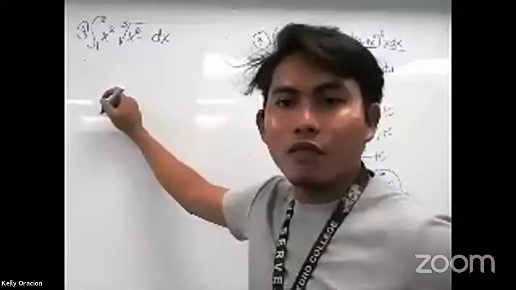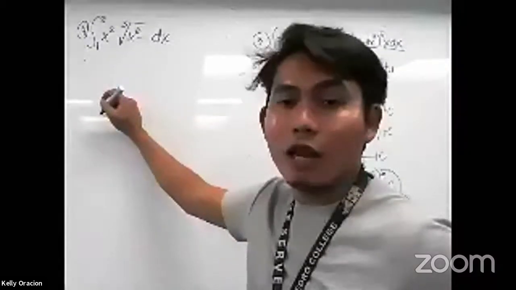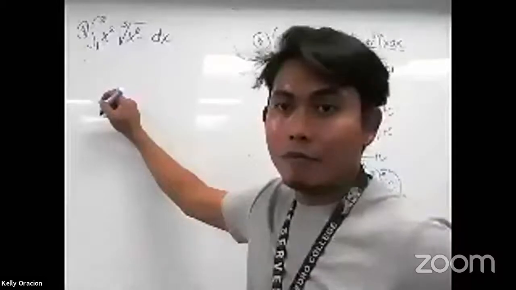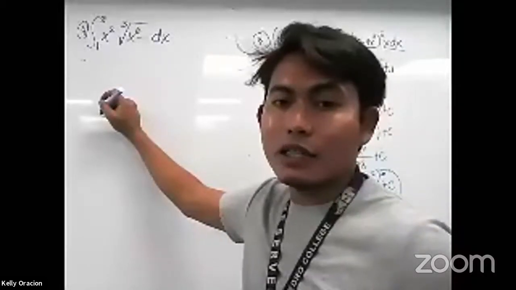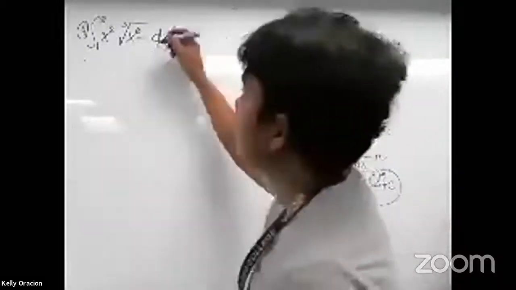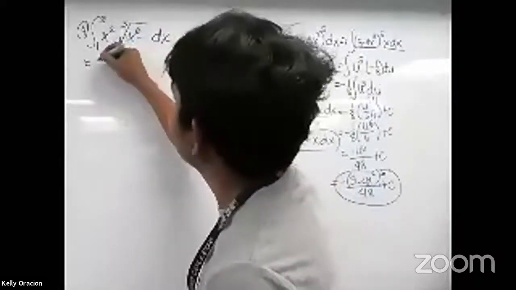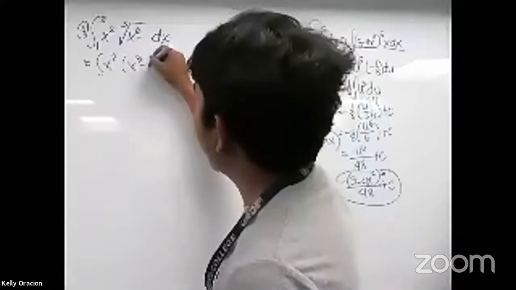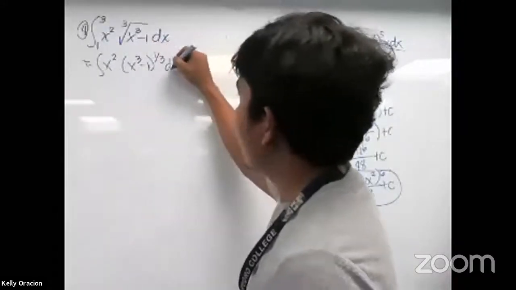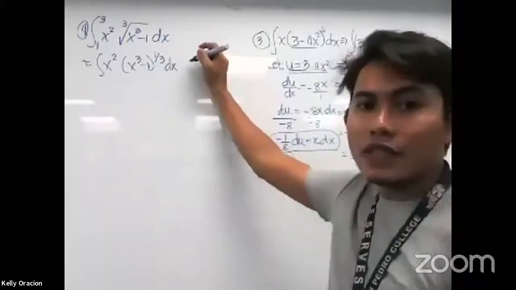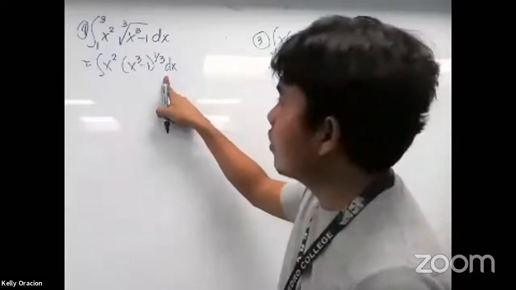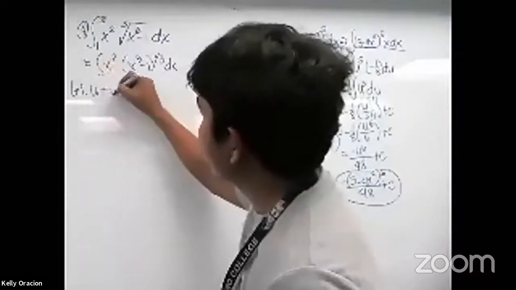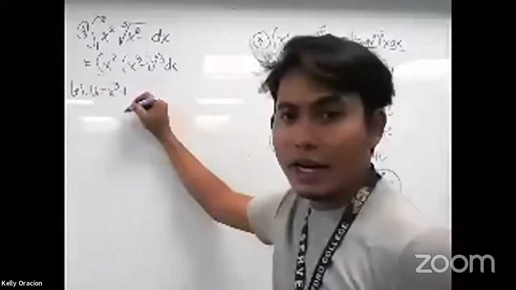You need to transform this one into exponential form. So you have x squared times x cubed minus 1 raised to 1/3 dx. This is the exponential form. And this time, let u equal x cubed minus 1.